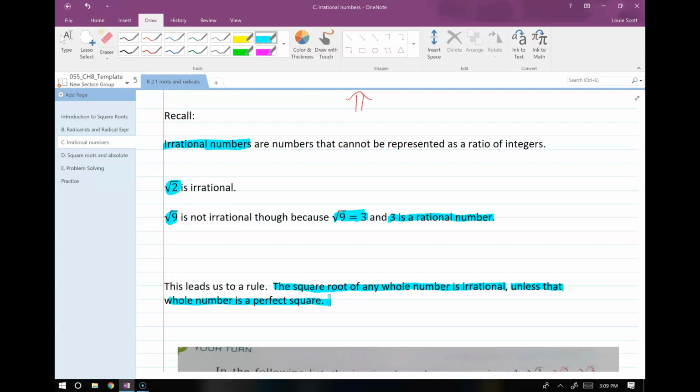If you're looking at a root that's not on this list, then it's probably irrational. You can see it jumps from the square root of 1 to the square root of 4, which tells me that everything in between is irrational. Root 2 is irrational, root 3 is irrational. There are better ways to tell if things are irrational, but that's how our first definition is going to go: if it's not a perfect square, then it's probably irrational.